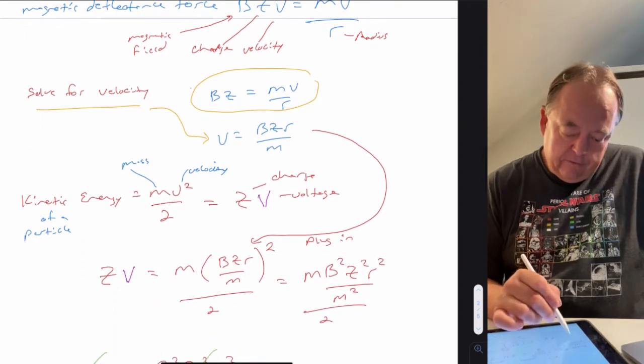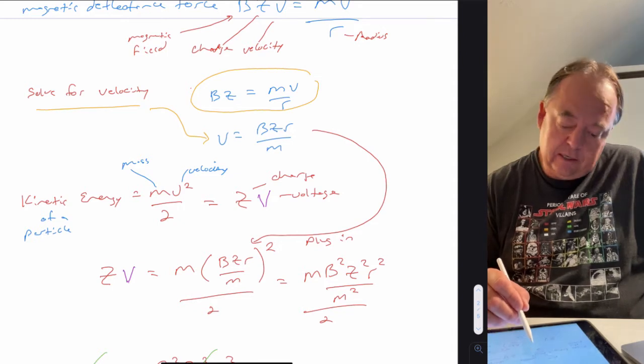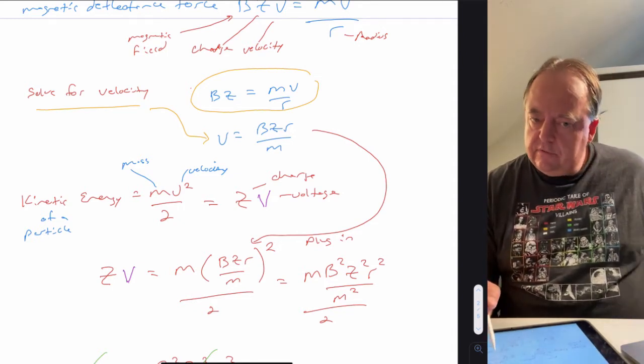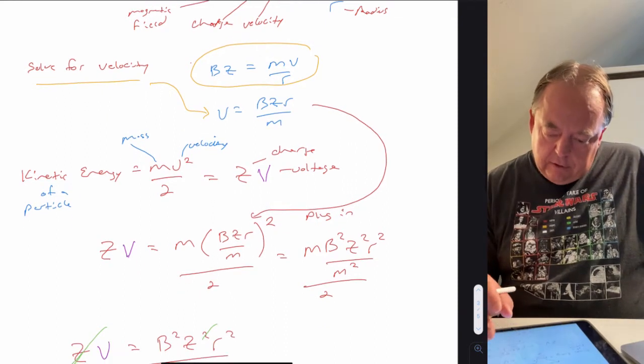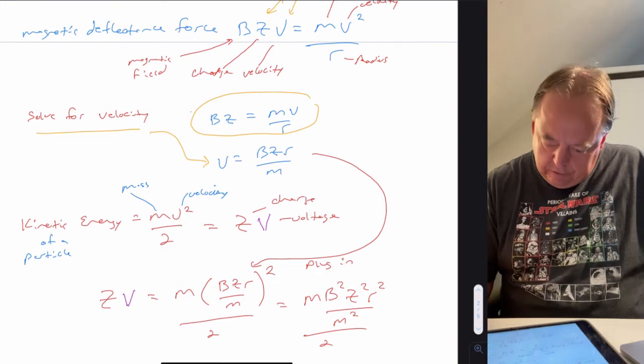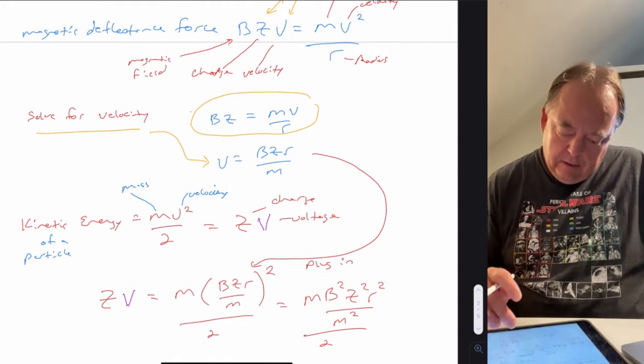And then another equation from physics, the kinetic energy of a particle is mass times velocity squared divided by 2. And that is also equal to charge times voltage. Now it gets a little bit confusing because we have two symbols V, one representing voltage and one representing velocity, so I've tried to keep voltage in purple so it's less confusing.